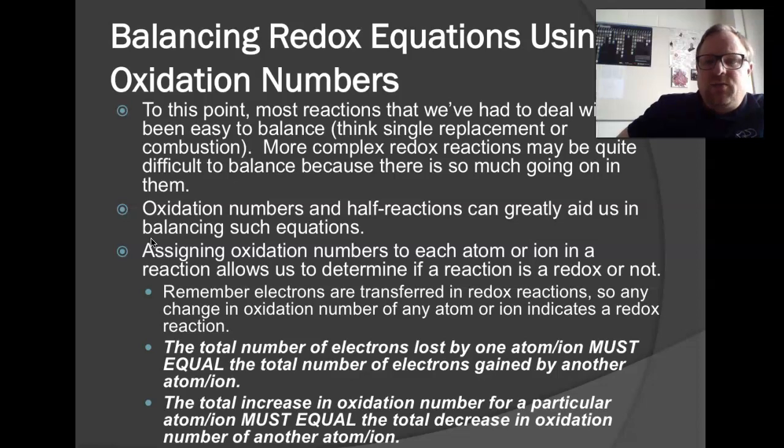Again, you have to be able to establish the oxidation number for each atom in the reactants and the products, and that's going to allow you to determine whether something's being oxidized or reduced, and we can go from there. So to this point, most reactions we've had have been easy to balance. Single replacement, combustion reactions, even some of those taking place in solution have been fairly easy.